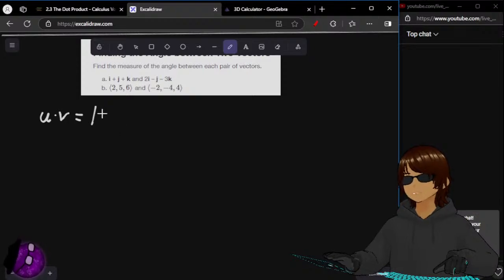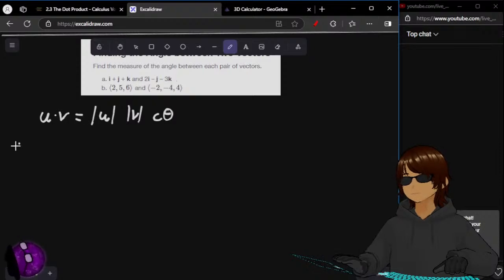It's allowed to write one line, right? Like this is allowed, right? Times the magnitude of v times cos theta.